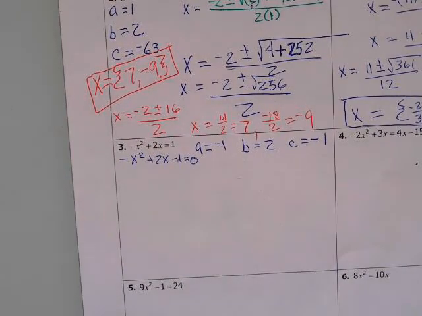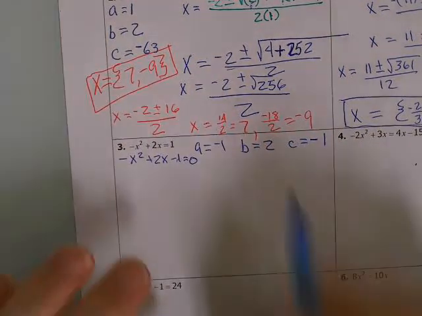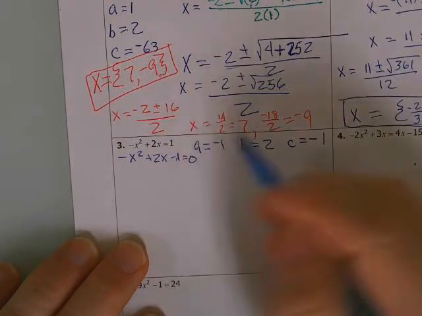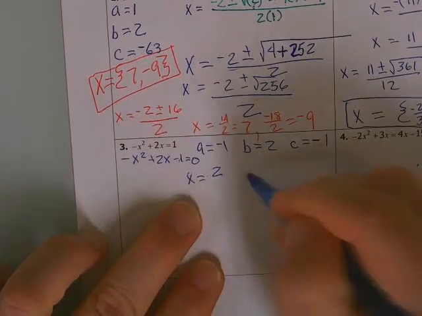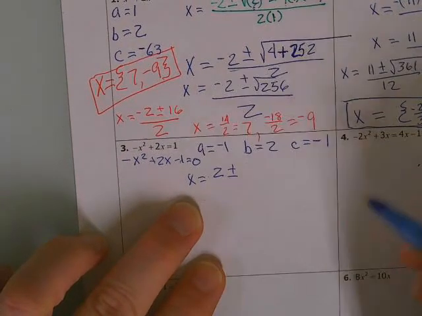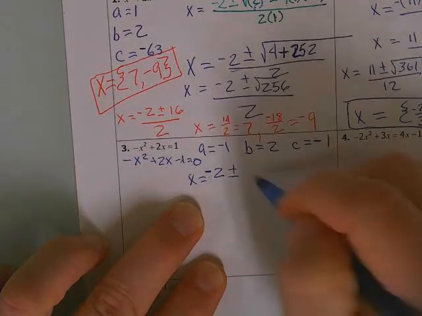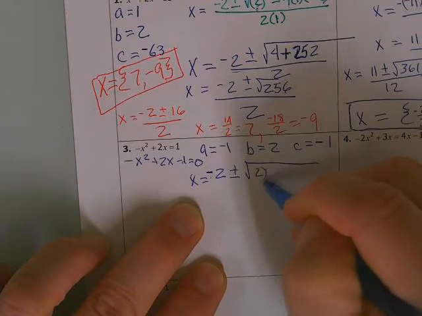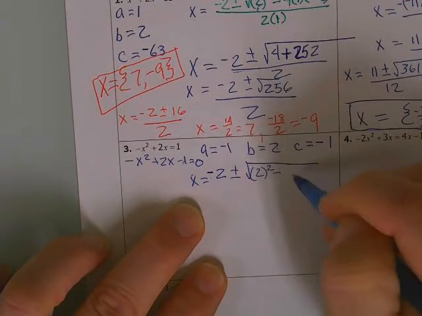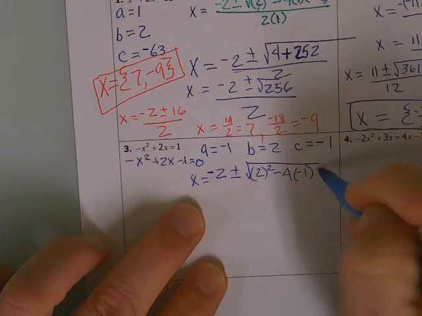Everyone understand the purpose of that? So now you just plug in your values. These numbers are all small, should be easy. So we have x is equal to the opposite of b, that's -2, plus or minus the square root of b squared, which is 2 squared, minus 4 times a times c.